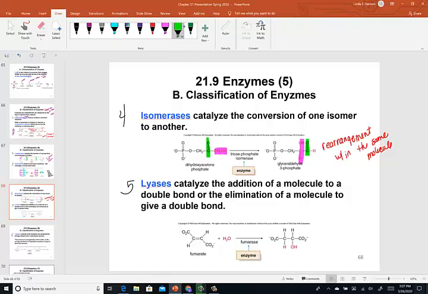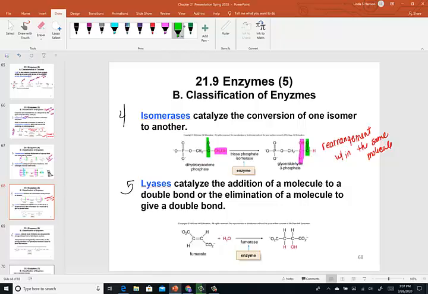It's just simply rearranged, forming an isomer. So in other words, they're the same number of each kind of atom, they're just connected in a different order. So if you just simply see a molecule rearrange, the type of enzyme responsible for that is called an isomerase.